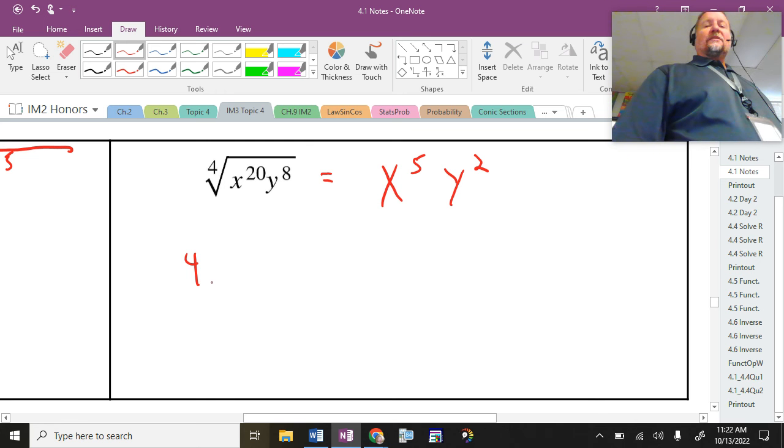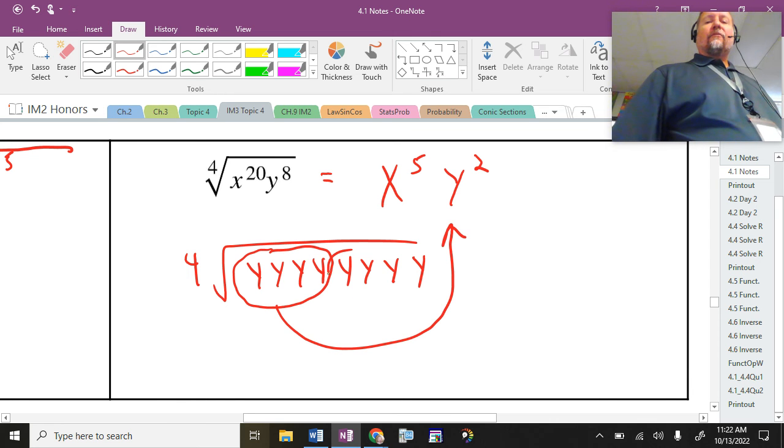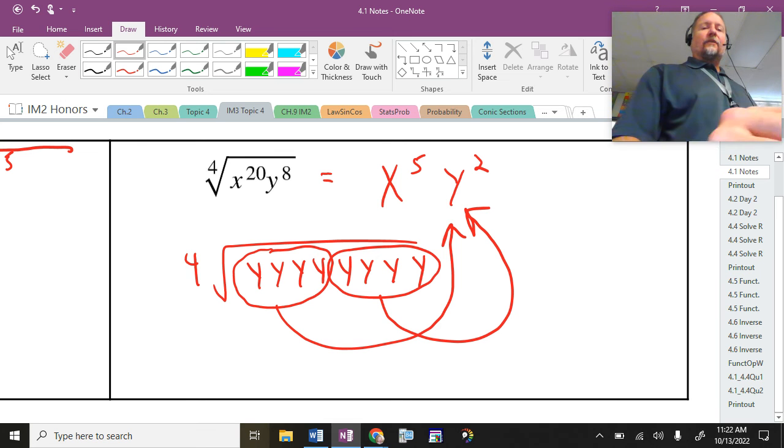I could do it with the Y's. I used to do this with the Y's, just looking at the Y's alone. For every 4 Y's, 1 Y comes out. 2 Y's come out, Y squared. Used to call it the jailbreaking method for radicals.